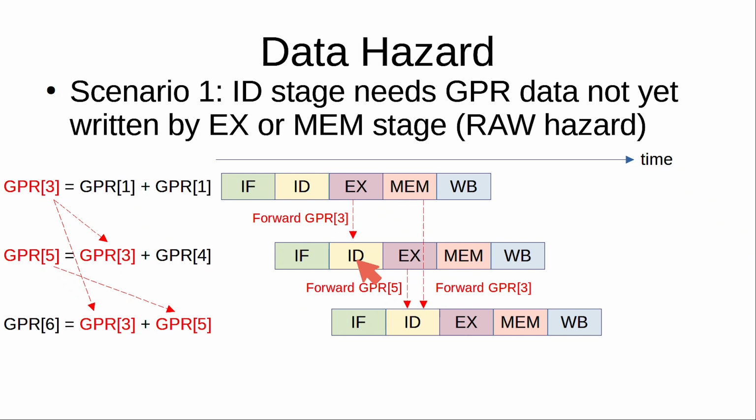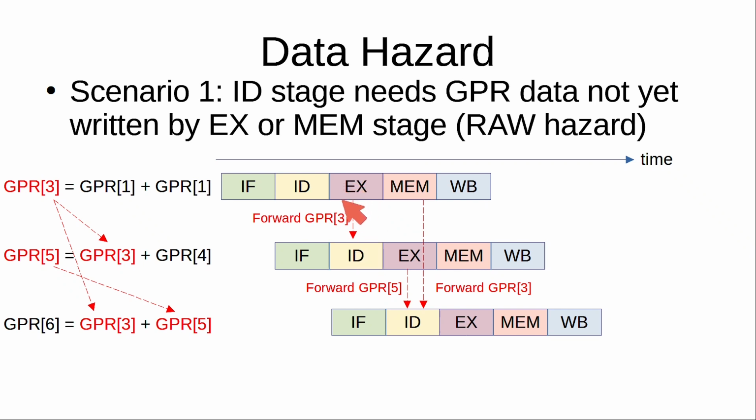And because we need this GPR3 in the second instruction, which is currently in the instruction decode stage, what we can do is forward this GPR3 from the execution stage directly into the ID stage.